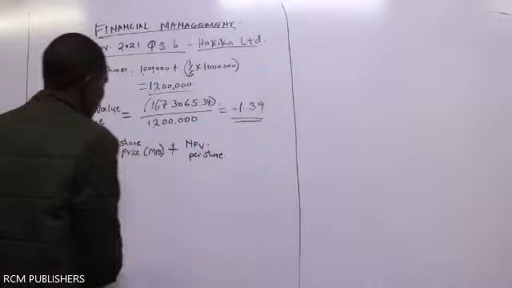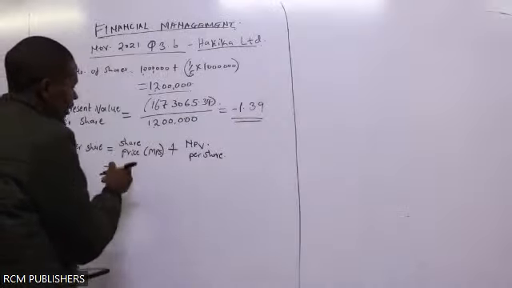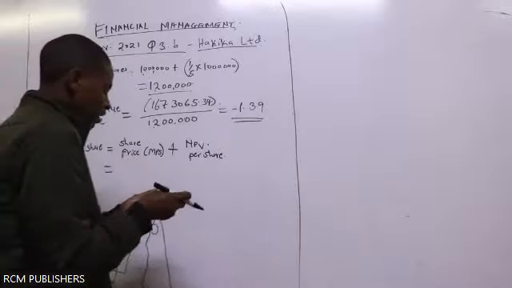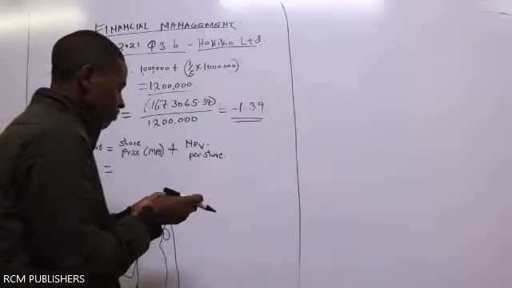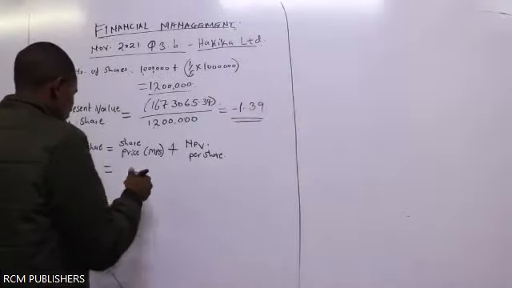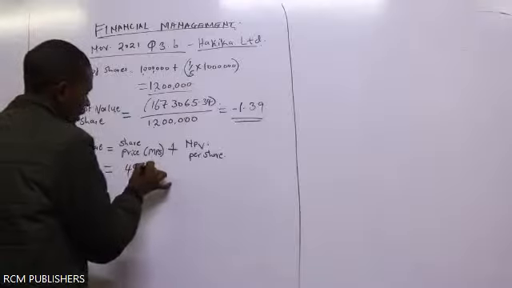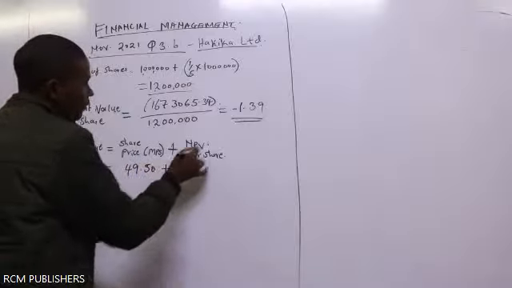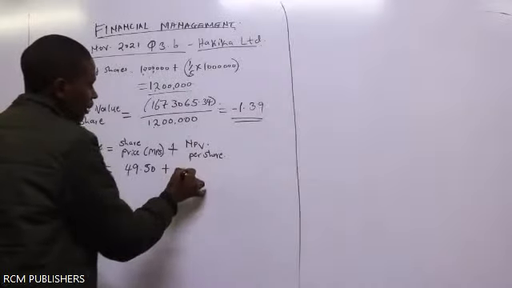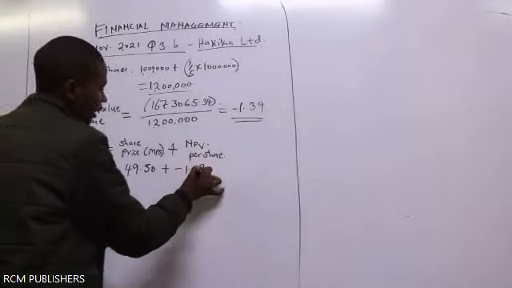So to get the price per share as requested by the examiner, it should equal the share price, which is the market price per share of 49.5, plus the NPV per share, which is negative, so 49.5 minus 1.39.